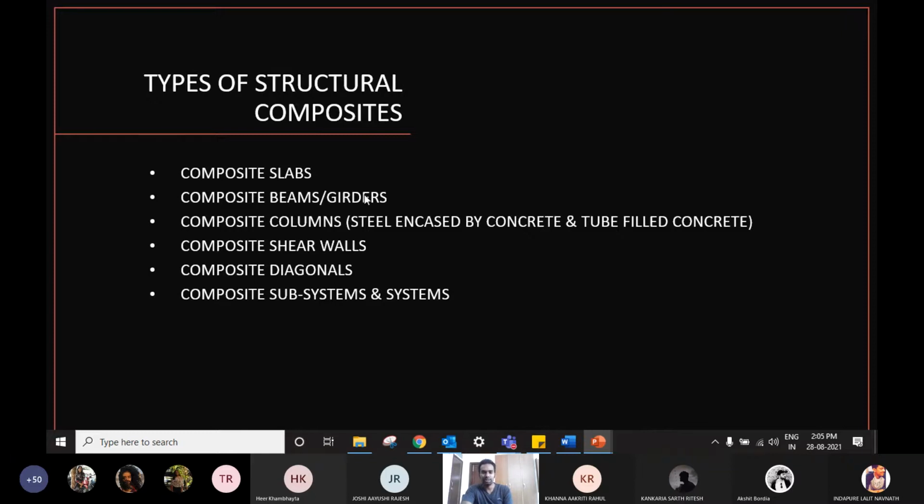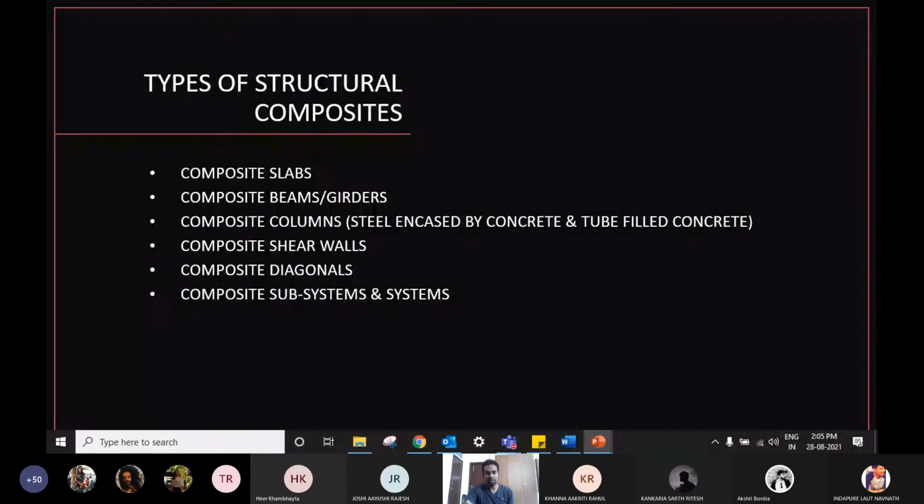Either you can have a steel section inside, which is encased by concrete, or you can do the other way, like you can encase the concrete by using a steel tubular section on the outside, right? You can have a steel tubular section and you can fill it with concrete inside. You can have composite shear walls, right?